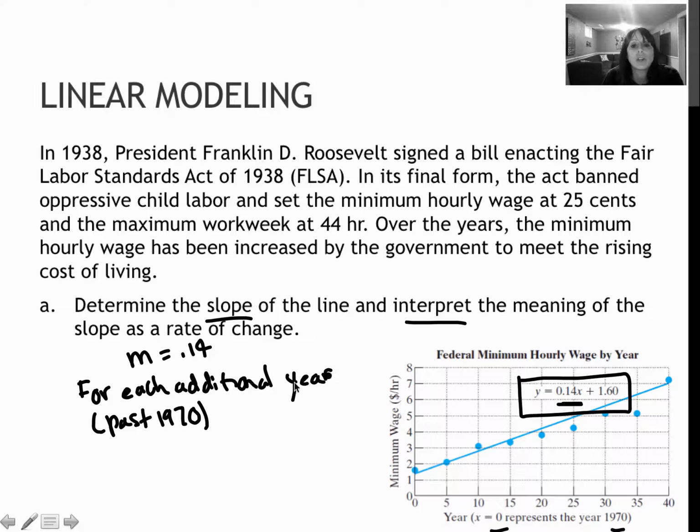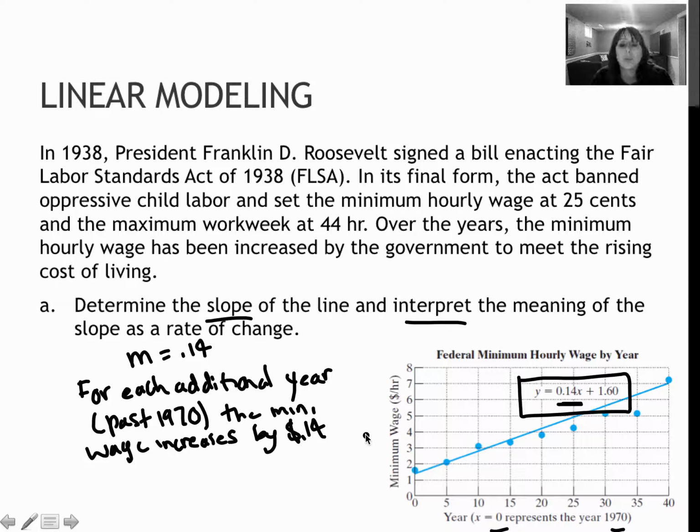So for each additional year past 1970, what's going to increase? The minimum wage increases, or increased, by 14 cents. That would be our slope of the equation.